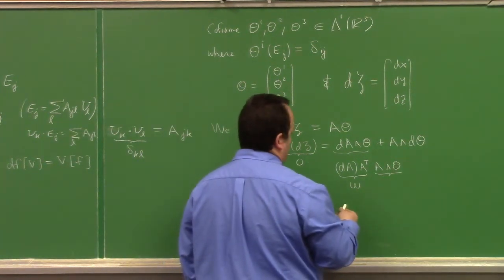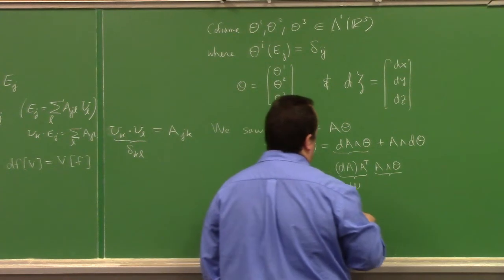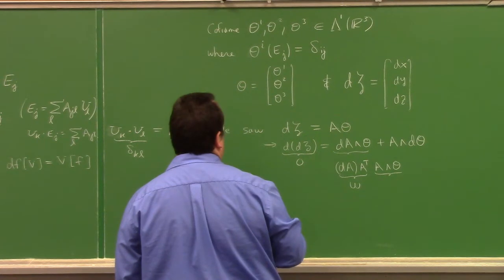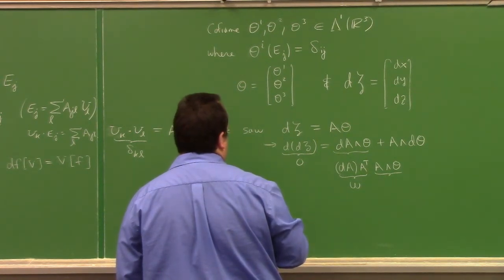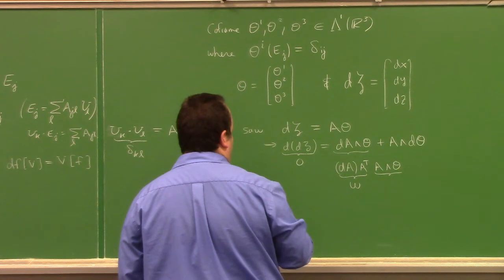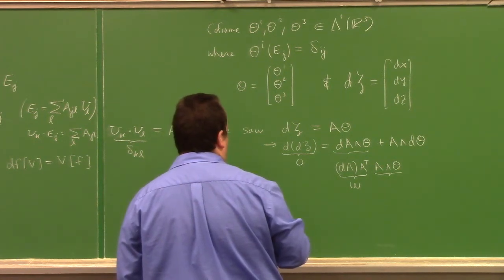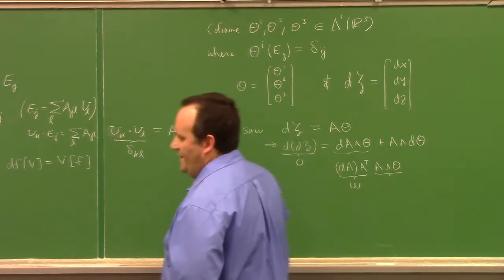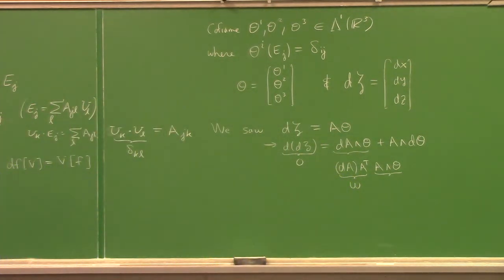Well, A wedge theta, what was it? Did I write this right? Oh, that's d zeta. Wait a minute, no. A theta. I'm sorry, I seem to have veered off the beaten track here. Just a second, let me see what kind of damage I have done.